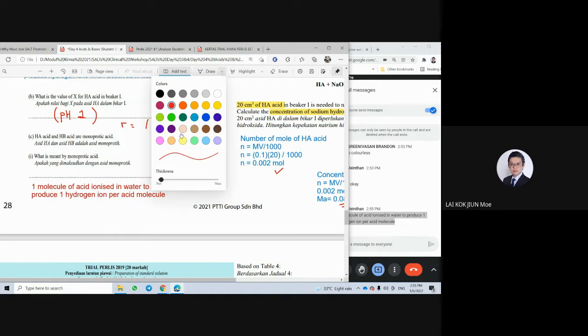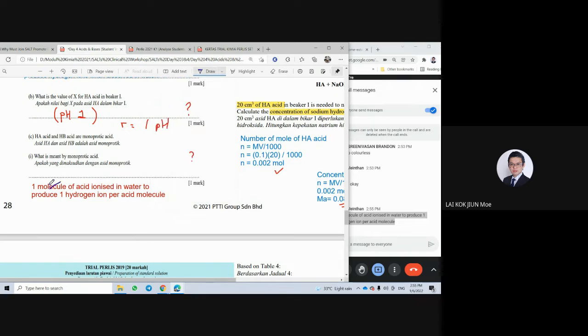We use the best word, one mole of the acid ionizes in water to produce one mole. We use the keyword one mole. We don't use the word molecule. One mole is enough.